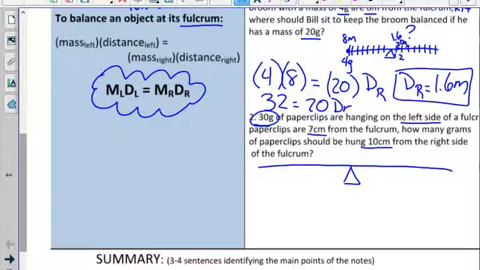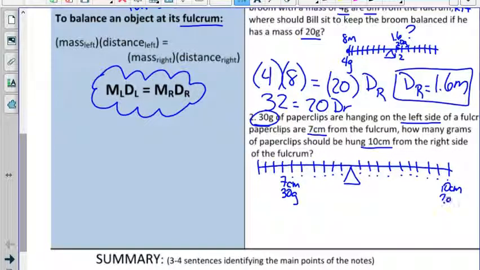On the left, at 7 centimeters, we have 30 grams. Now, on the right side, at 10 centimeters, we have to figure out the number of grams.